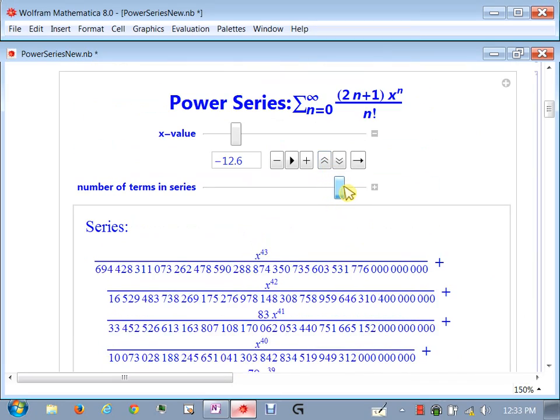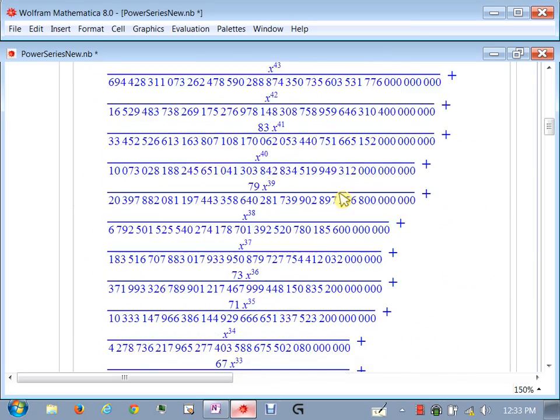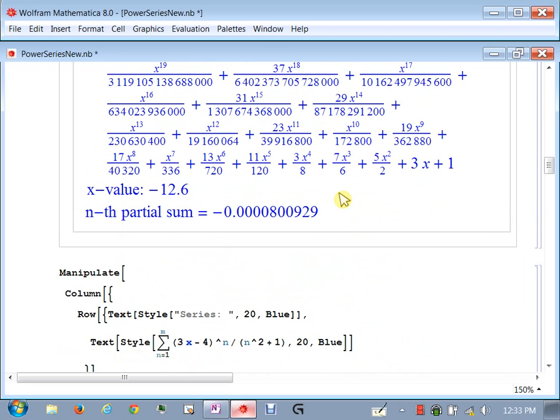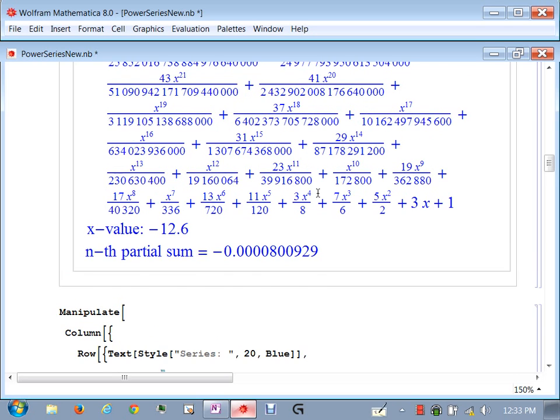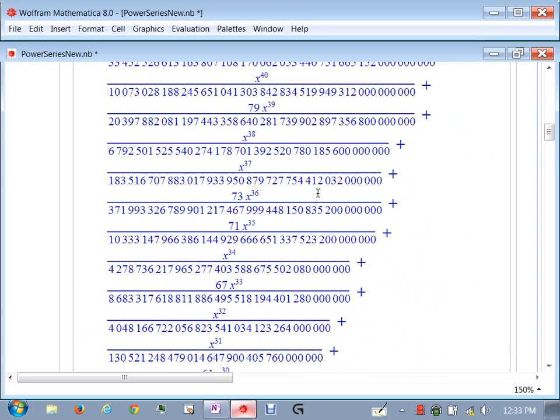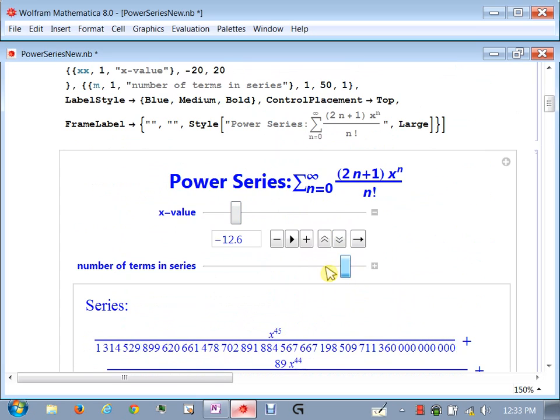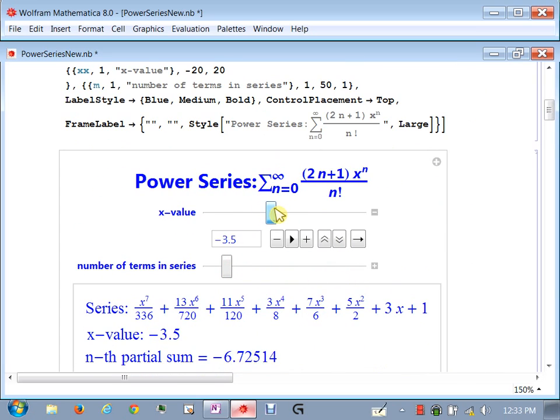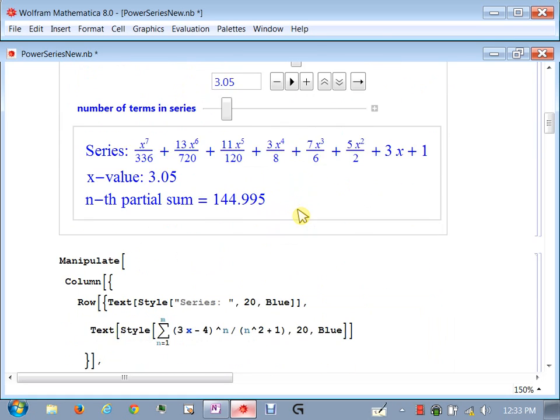That's a lot of terms. This could be a mistake in my code, but no, it looks like it's converging to 0. So those first few terms were kind of big, but it looks like this sum is converging to 0 because it's an alternating series, so some of them are taking away, right? But we have proven that regardless of x, it's going to converge. All right?